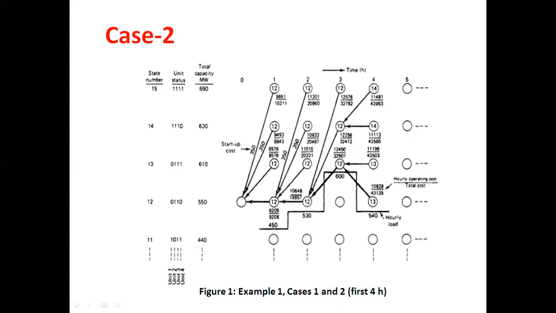So same in the case of hour 2, that is 11301, that we know how we have calculated, by 20860. So in this way hour 2 is calculated, hour 3 is calculated, and hour 4 is calculated.